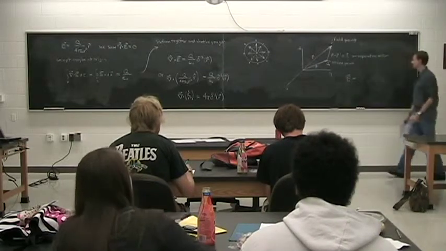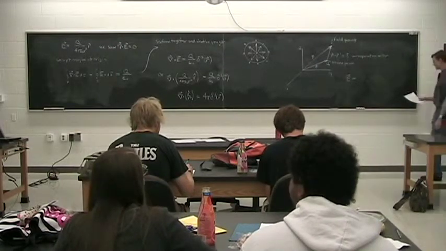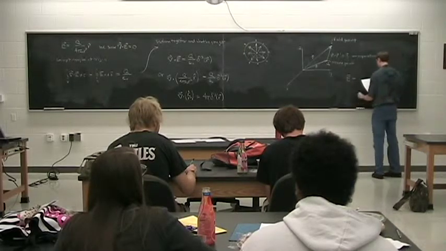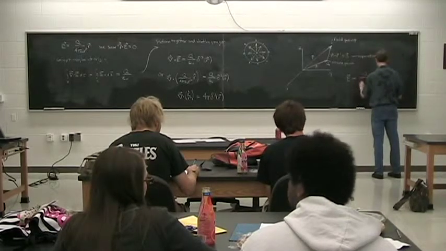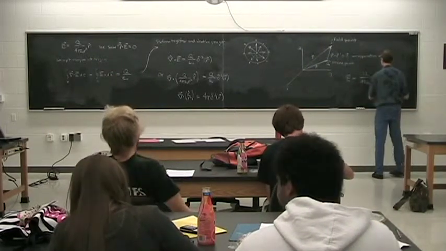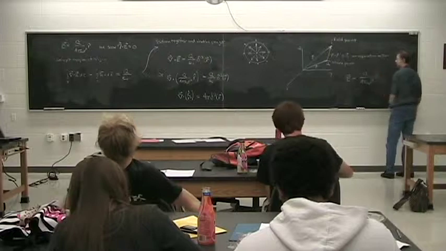One of the things that it simplifies writing is, if you find the electric field due to Q, then you can just say that it's Q over 4 pi epsilon naught script r squared script r hat.